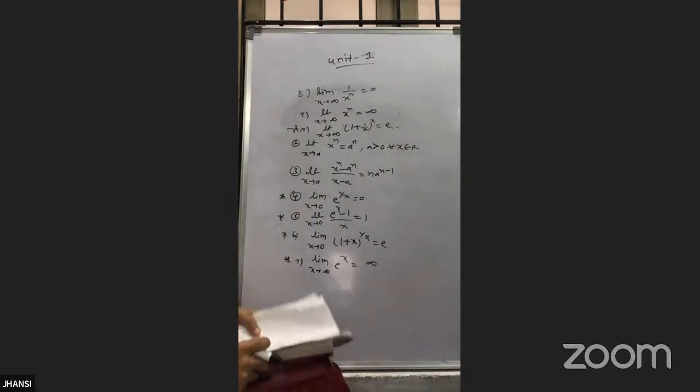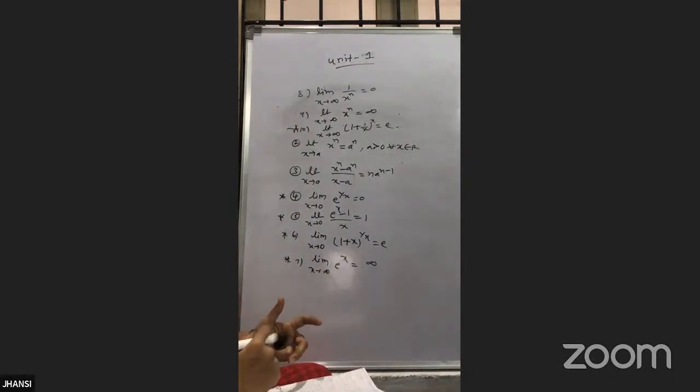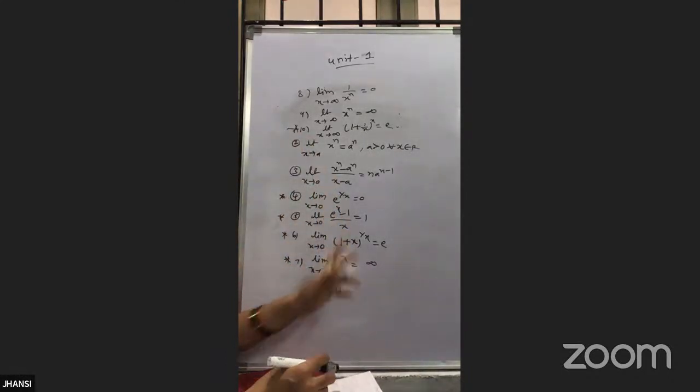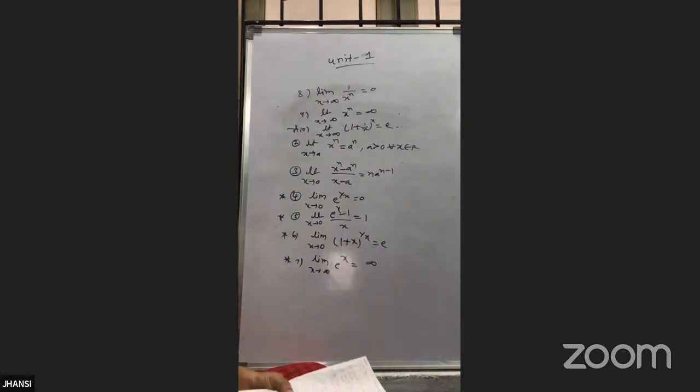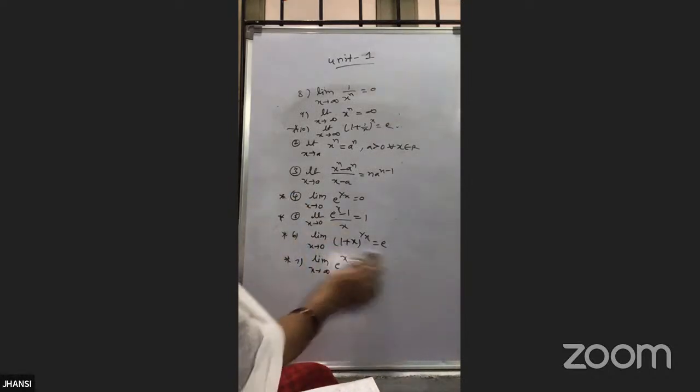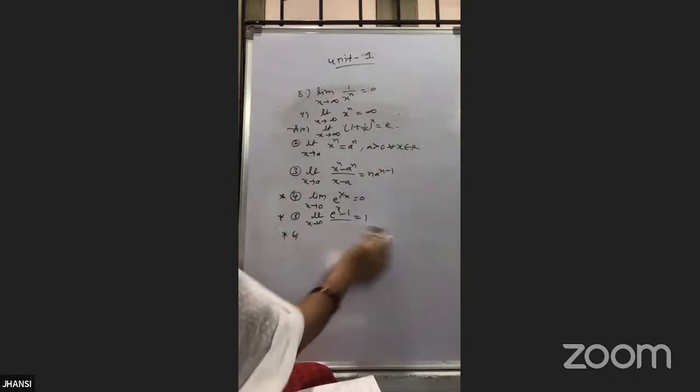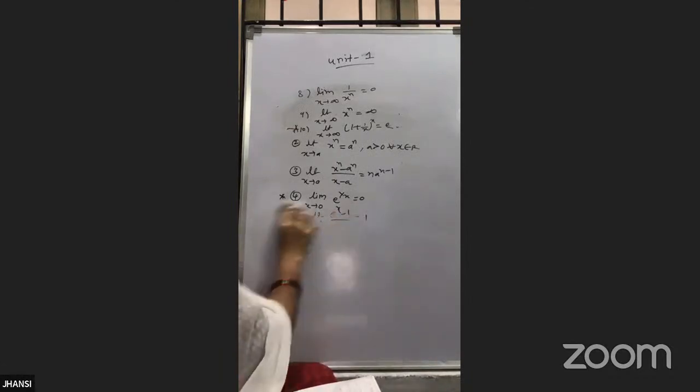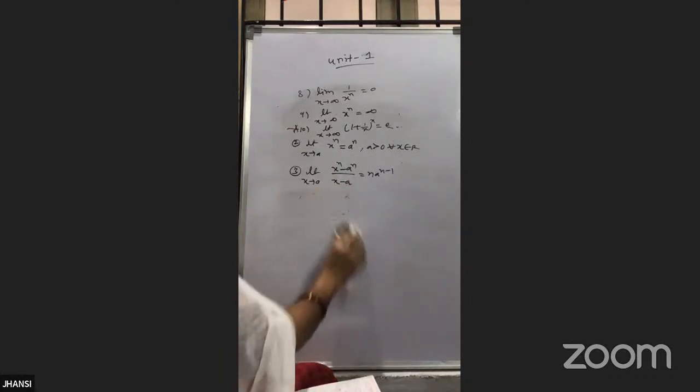Okay, the 10th one. These are all the standard limits, which means the value will not change. Standard in the sense that wherever you get a problem of this type, you can directly substitute the answer. So these are about the standard limits. After this, you have the properties of the limits. If you know the properties of the limits, you can solve any limit problem.